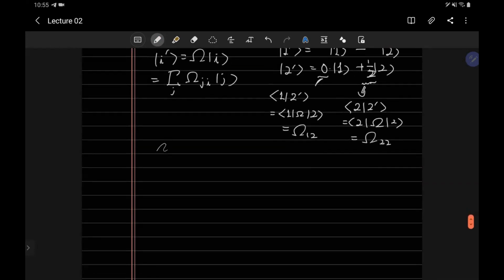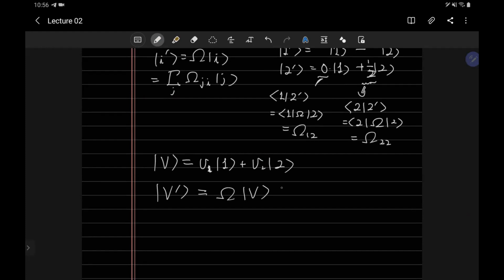So we know that any arbitrary vector can be expanded in terms of the original basis. Let's say I call the vector components v sub 1 and v sub 2. And I know that the new vector v prime can be found by applying omega on v.